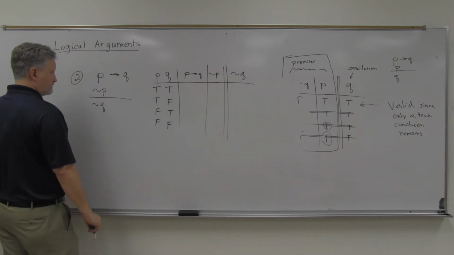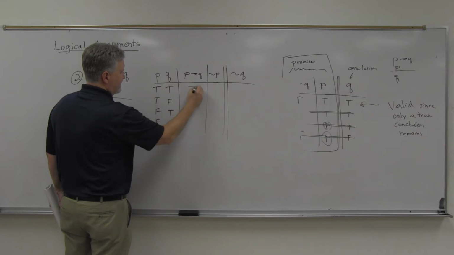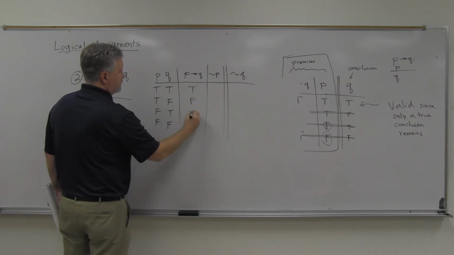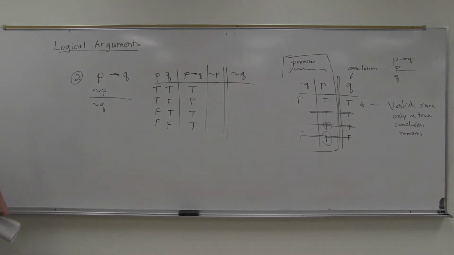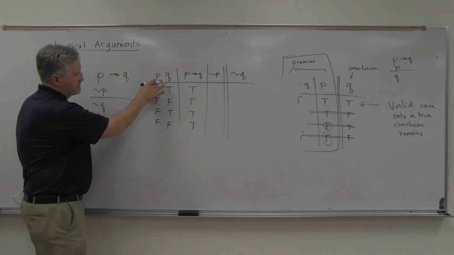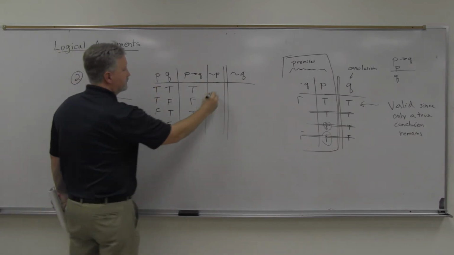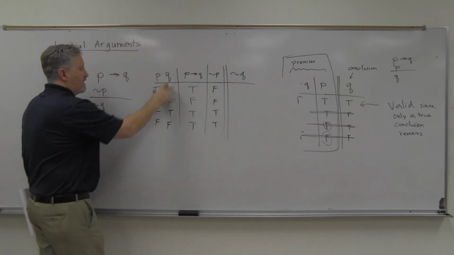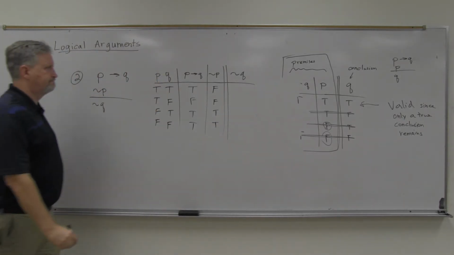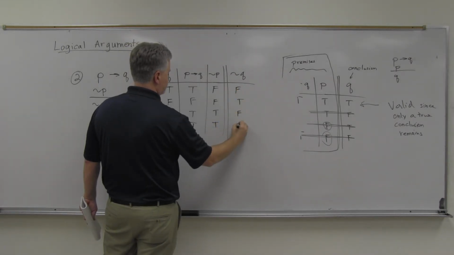P arrow Q, done it multiple times now: true, false, true, true. Then in this case a little more work because we have to do the negation of P, so false, false, true, true, the second premise. And then the negation of Q is the opposite of the Q column, so we got false, true, false, true.